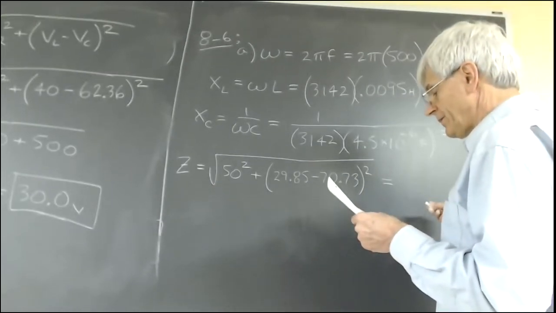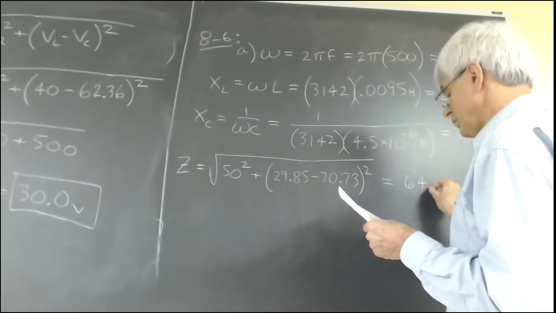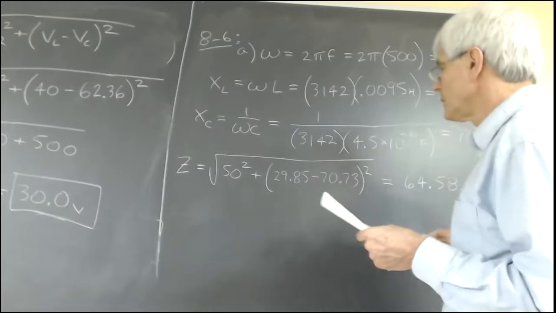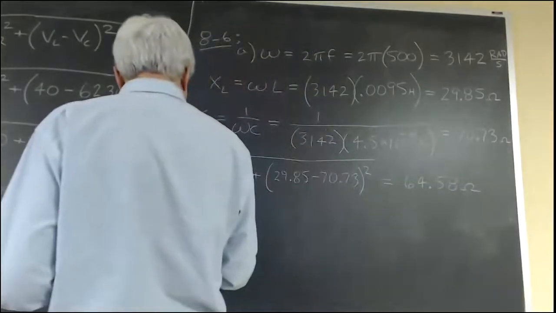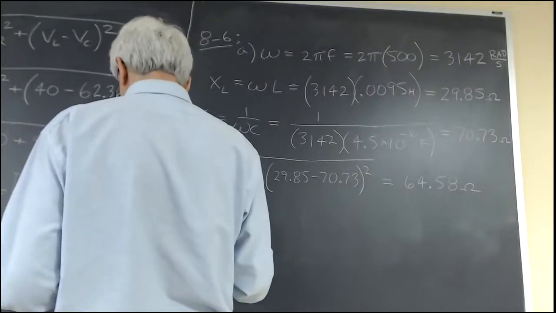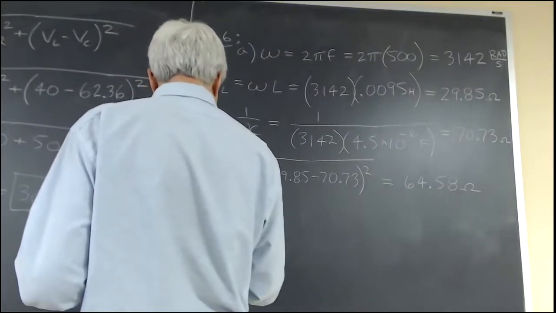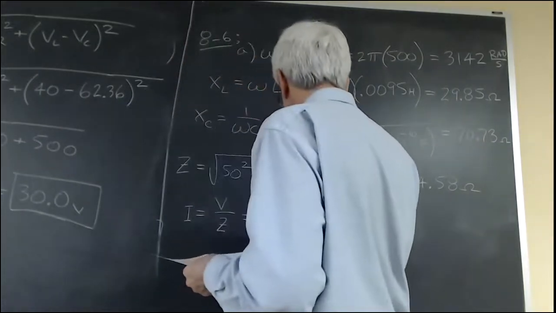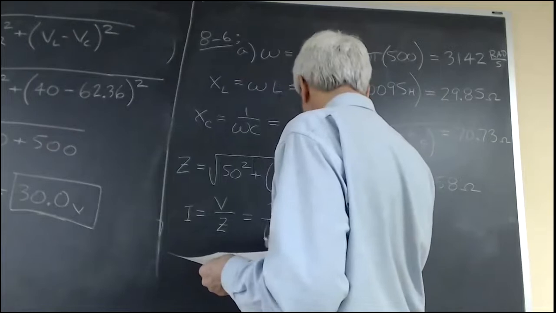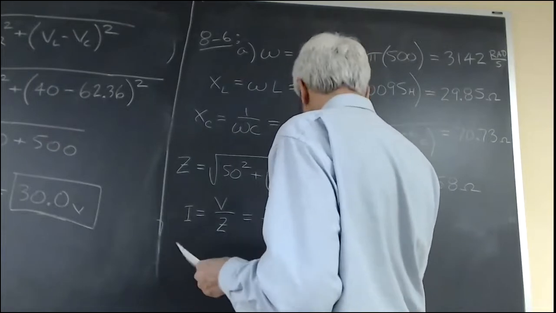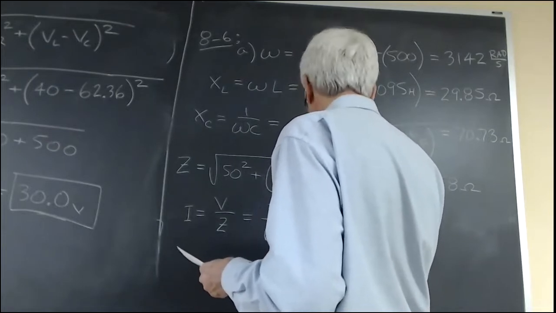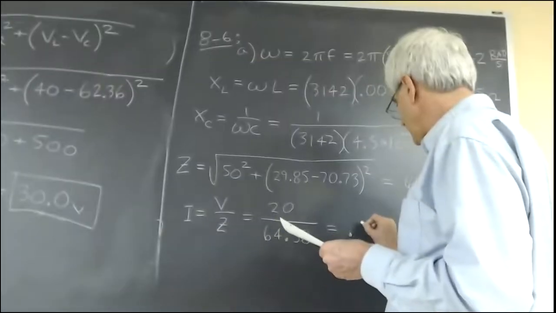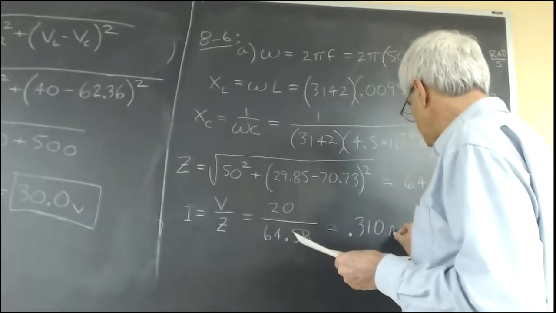Basically 64.6, 64.58 ohms. Then 20 volts divided by the 64.6, which really would be close enough. 0.310.